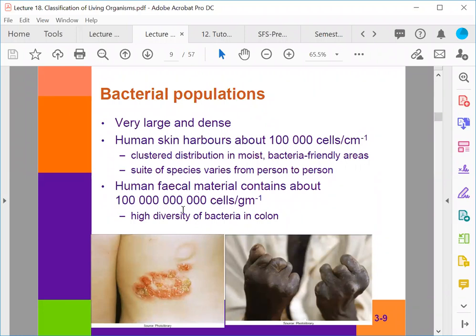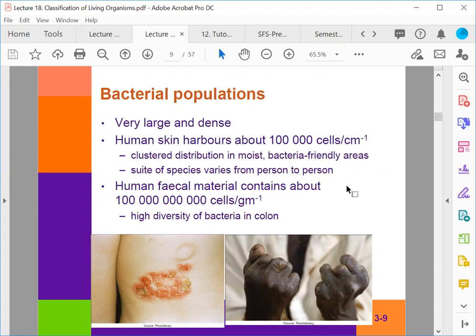I mean, look at this number per gram of human fecal material. It's incredible. In fact, they've estimated that if you were to consider the number of bacterial cells in and on our bodies and compare that to the number of human cells, we're actually more bacterial than we are human.